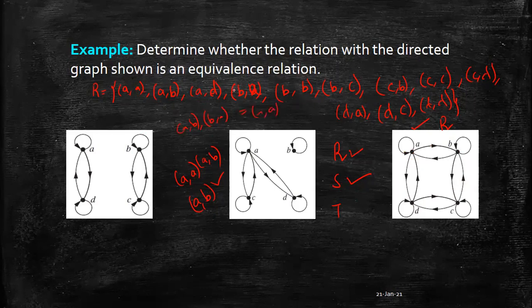So this way you have to check for all the pairs and you can verify that it is transitive also. So the diagram given for the relation R satisfies all the three properties: reflexive, symmetric and transitive. So when it satisfies all the three properties, we can tell that it is an equivalence relation. Similarly, you can take the other two graphs and specify the same.